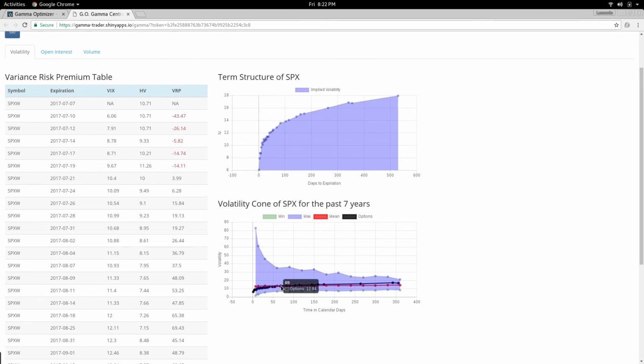But then after 60 days, the options are getting more and more expensive, and then they start to depart. Long-term options are more expensive than the mean, and that carries a lot of information, and they are not only more expensive, they are substantially more expensive than the mean volatility we have seen.